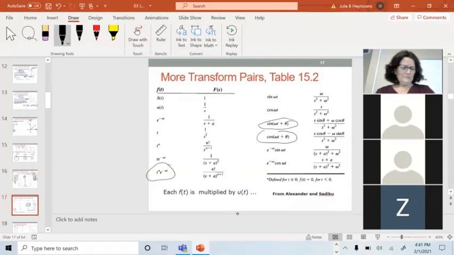Use the tables. You don't have to integrate this times e to the minus st. Just don't do it, okay? It won't happen on the homework, but if you ever get a function that you don't know how to take the Laplace transform of, there's this amazing thing that you guys have now that was not around when I was in school.